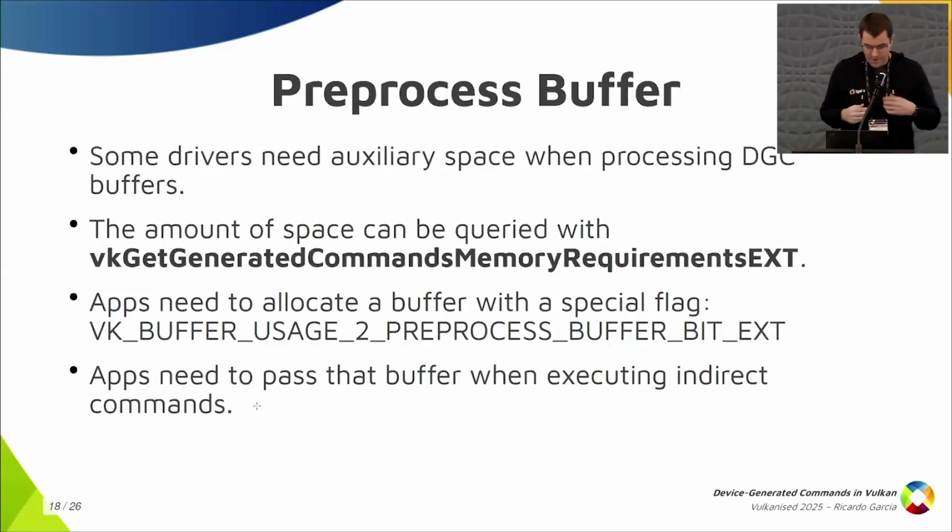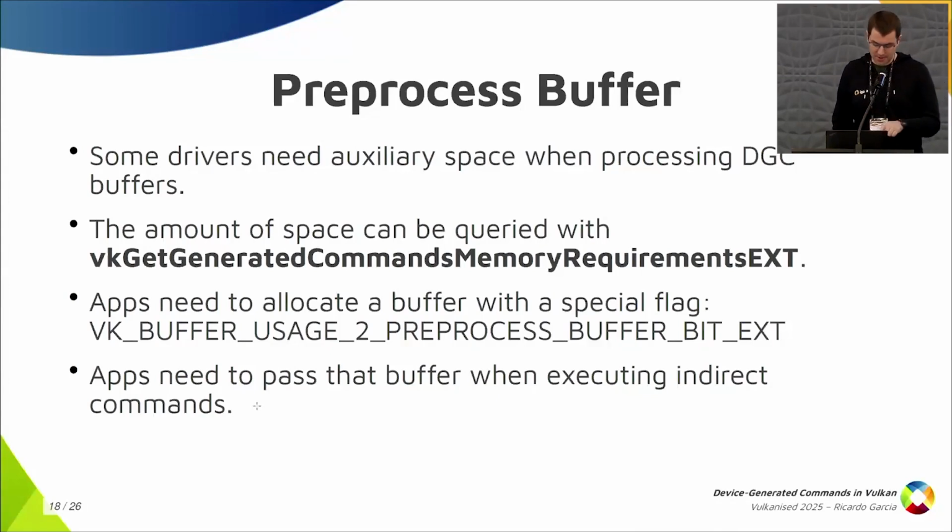So once you have the commands layout and you have the maximum number of sequences that you are going to execute, you can call get generated commands memory requirements, and the driver is going to tell you how much space it needs. So then you can create a buffer, you can allocate space for that.